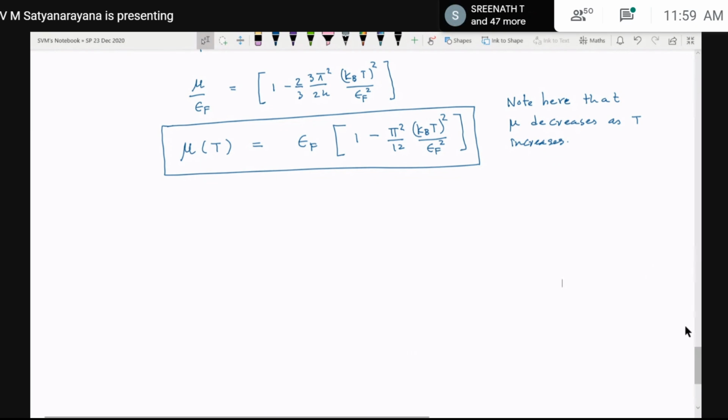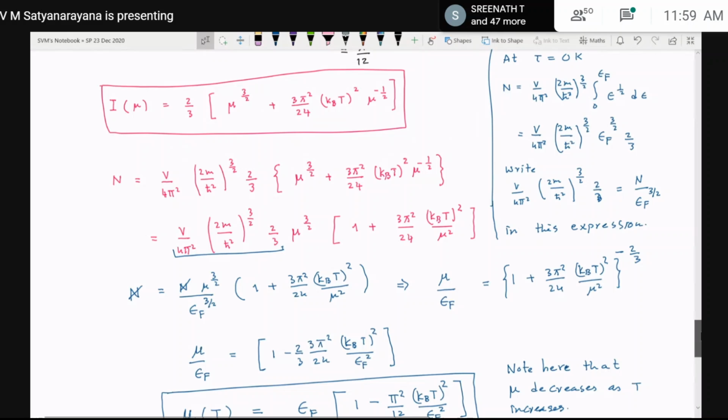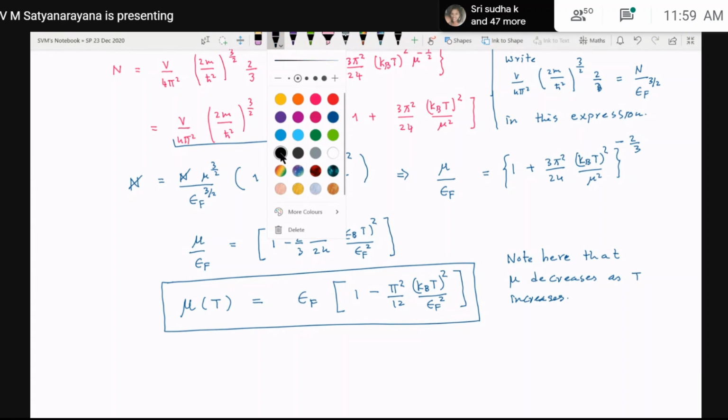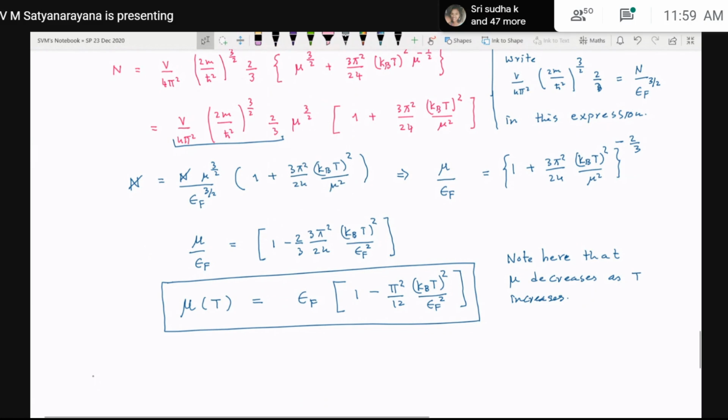Okay, so this is not enough, because we now have to do another integral. Doing another integral is not very difficult, because we have understood how to do it.